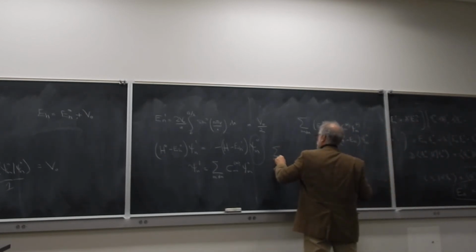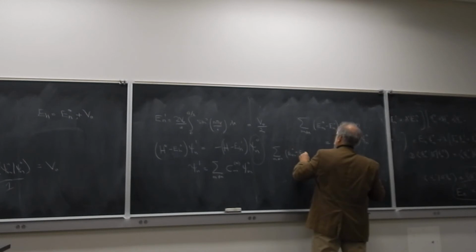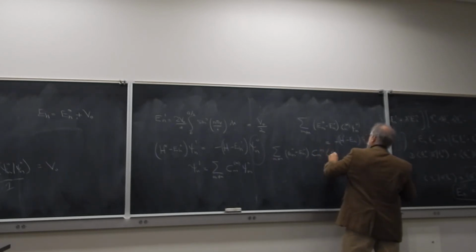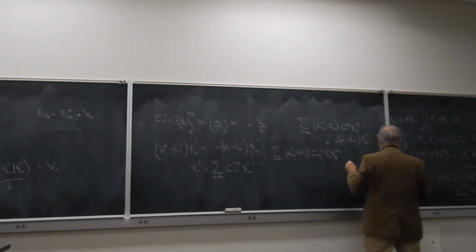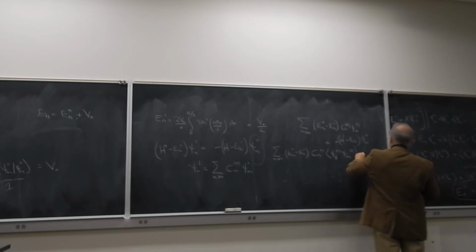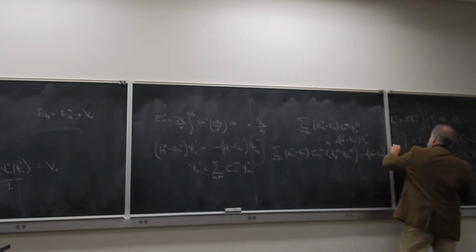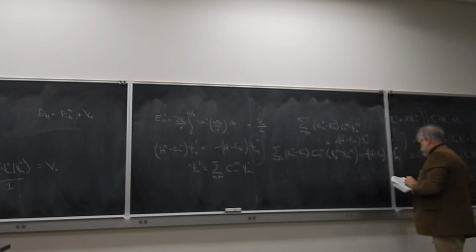So we have the sum, m not equal to n, of (Em0 minus En0) c sub m of n ⟨ψl0|ψm0⟩ equals minus ⟨ψl0|(H1 minus En1)|ψn0⟩.